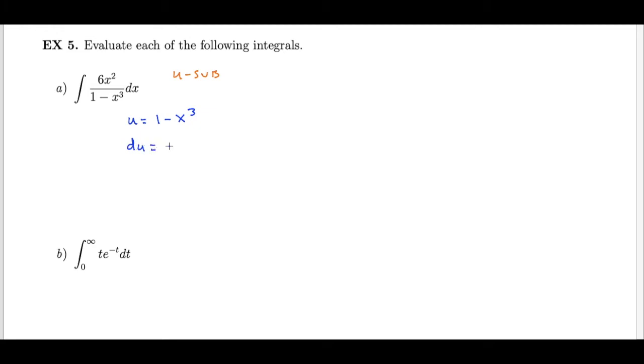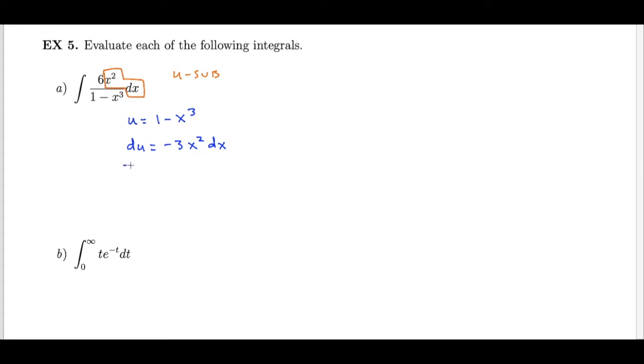du will be negative 3x squared dx. I don't exactly have negative 3x squared dx in my integrand. I do have x squared dx. And so it's common to accommodate this coefficient by just dividing by it.